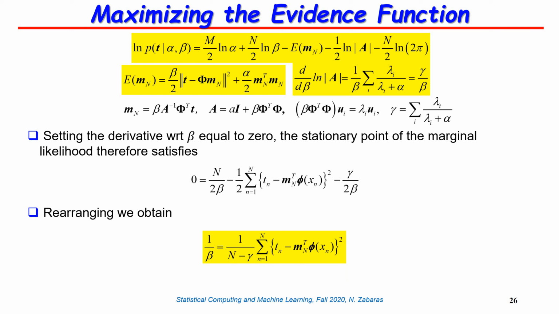So it turns out that the precision in your likelihood is given by, actually 1 over the precision is the variance, and the variance is 1 over (N minus gamma) times the summation of the squared error between your targets and the answer that you get at each training point using your regression function.